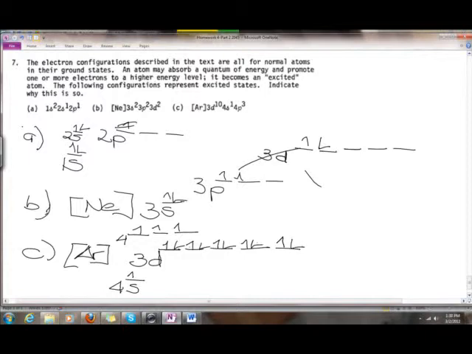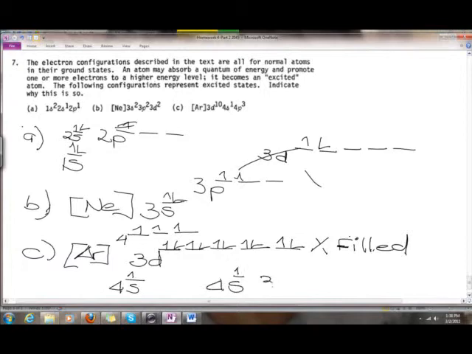What happens if you have an exception? Remember, when we have the exception, the electron jumps here to fill the d. And you can have a 4s1, right?